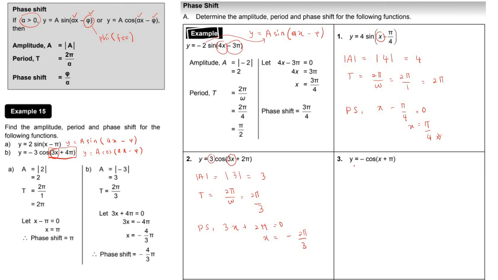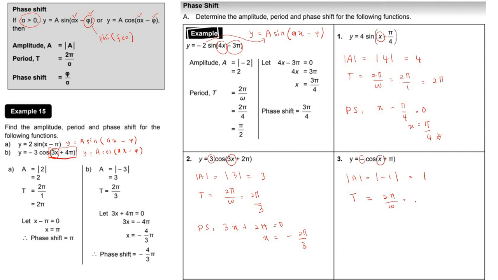Equation number 3. y equals negative cos(x plus pi). For amplitude, negative means negative 1. So amplitude equals 1. And then to find the period T, 2 pi over omega.